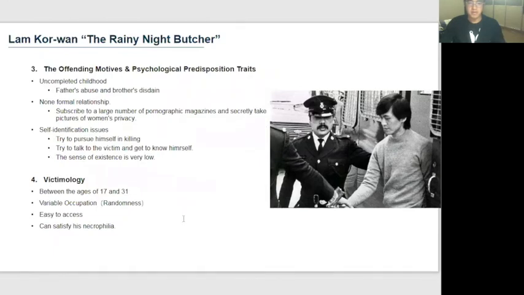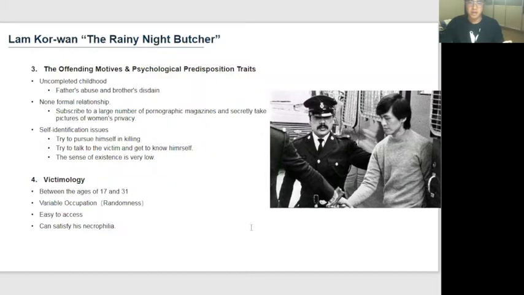The offending motives of Lam are also very complicated, but I think the most important one is his unhappy childhood. Lam and his mother were abused by his father at his very young age. And his younger brother was always looking down upon Lam, which made Lam lack confidence. After moving to Hong Kong, Lam and his mother still had an unhappy life because of the tragedy of his family.